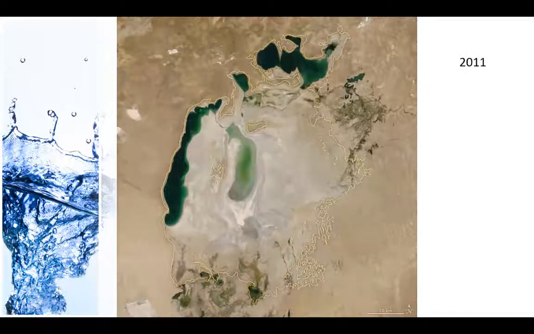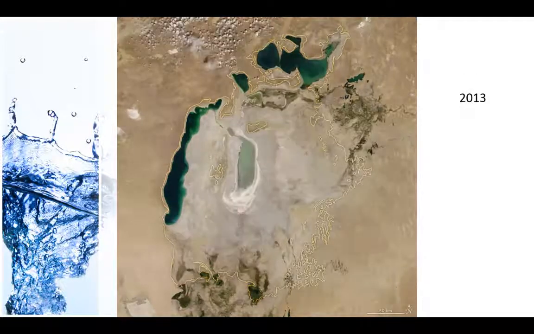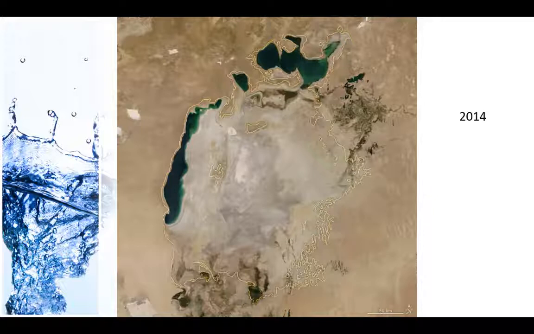And in 2011, you see it go down. So once again, they begin trying to pump water back in, divert it from other places, it goes back up, only to go back down again. And by the year 2014, you'll notice that it's almost completely gone in the major section of it.